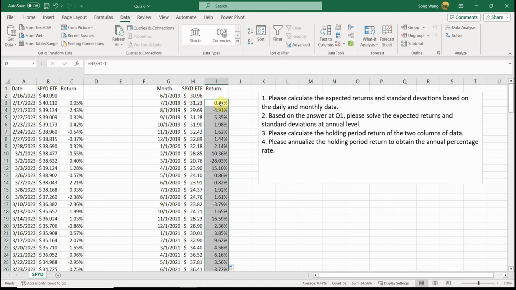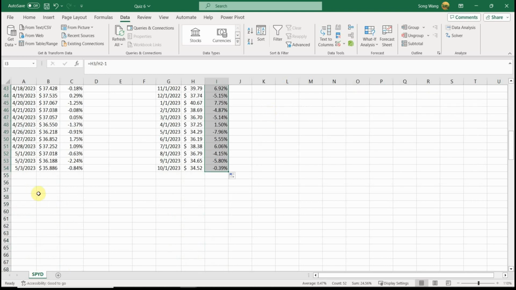Okay, so that's the periodical returns, and then you need to calculate the expected return and the standard deviation. So let me just go with expected and the standard deviation.